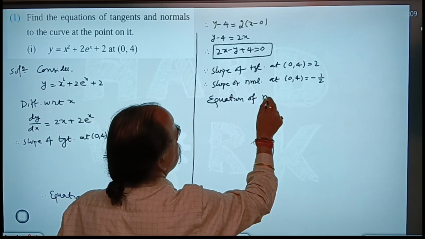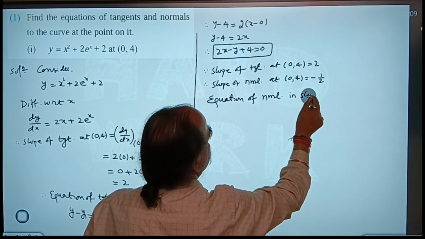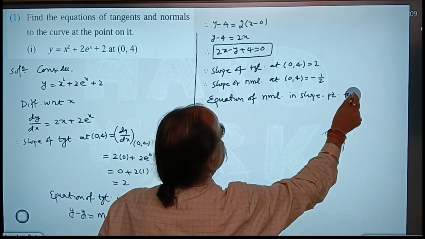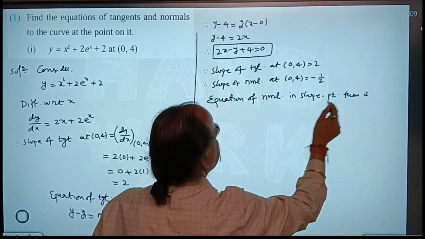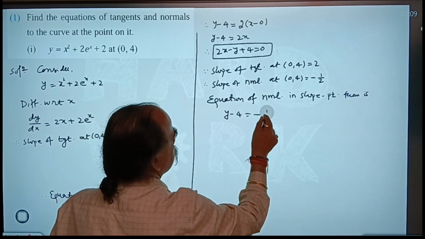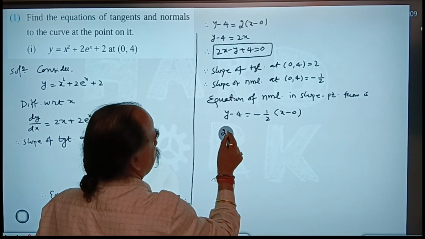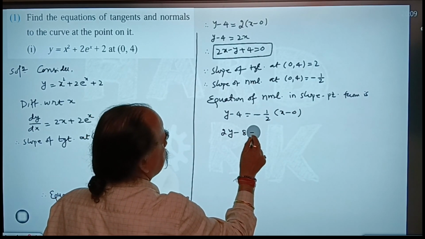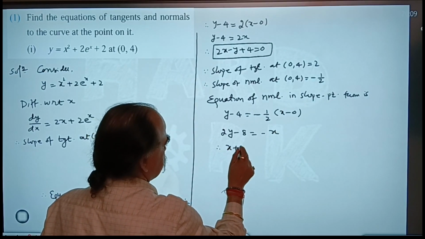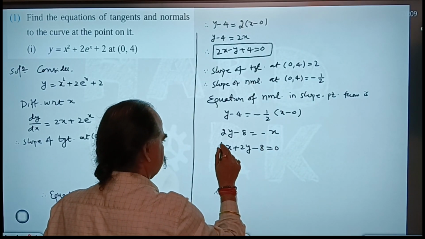Equation of normal in slope point form is y minus 4 is equal to minus 1 upon 2. So 2y minus 8. So x plus 2y minus 8 is equal to 0.